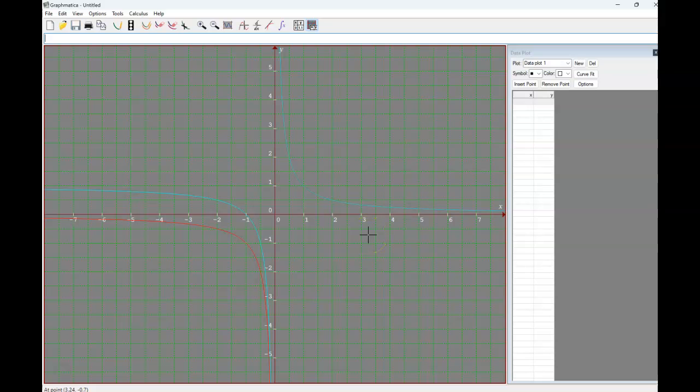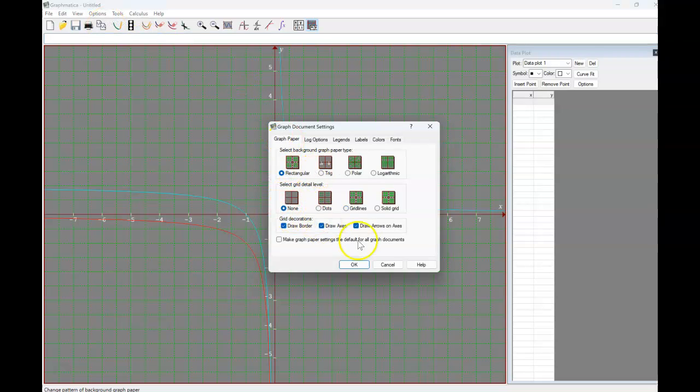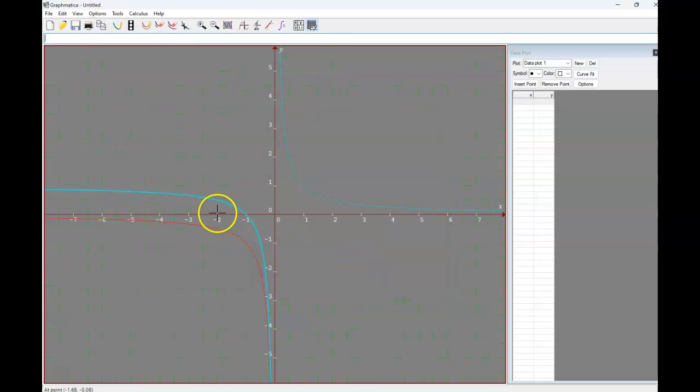So here's g of x, and the red is my f of x. If that helps at all, let me get all that junk out of there so it's a little less busy.